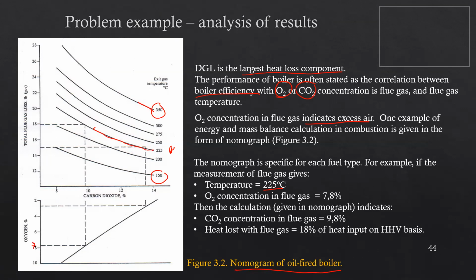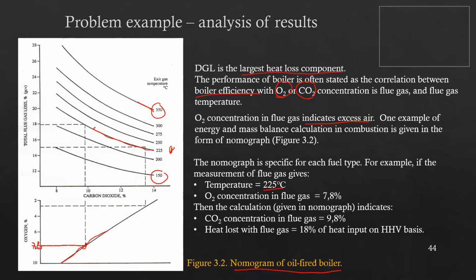Okay? So we need to determine the CO2 concentration as well as the heat loss with the flue gas, or the total flue gas losses. Based on this, we can just interpolate the lines. We take the straight line horizontally to the right-hand side until it intersects this curve.